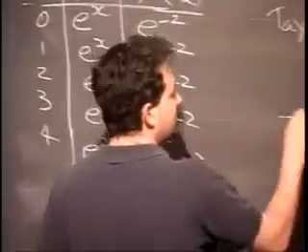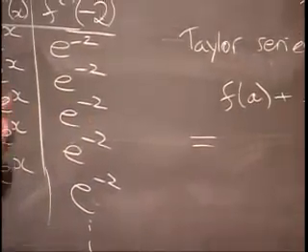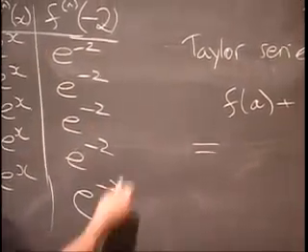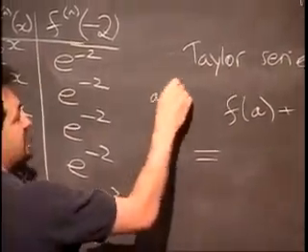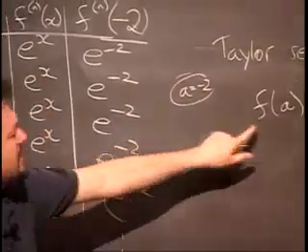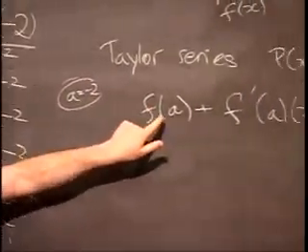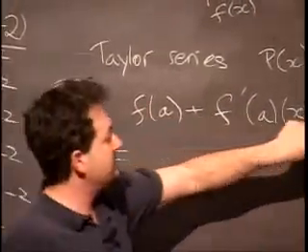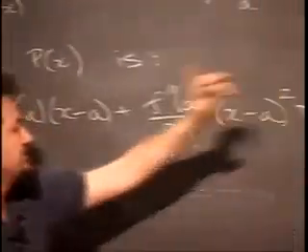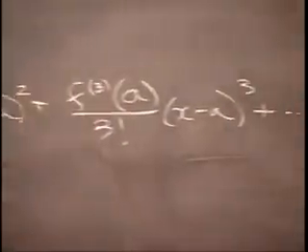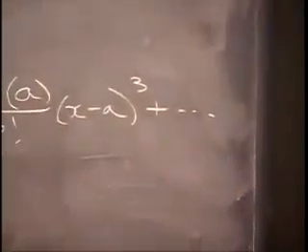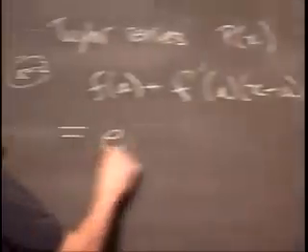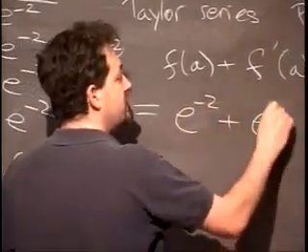But in this case, a happens to be minus 2. So I'm going to immediately specialize to a as minus 2. And at the same time, I'm going to copy the values of f of minus 2, f prime of minus 2, f double prime of minus 2, f triple prime, etc., from this column here. And once again, they're all equal. So it's e to the minus 2 plus e to the minus 2.